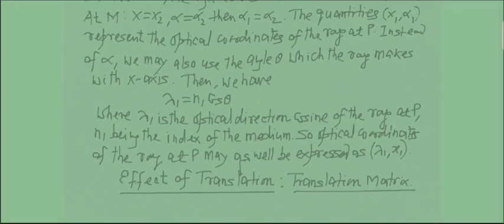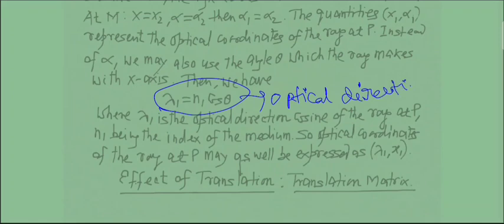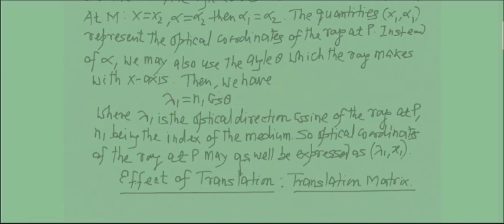What is this called? This is called the optical direction cosine. So lambda 1 is the optical direction cosine of the ray at point P.